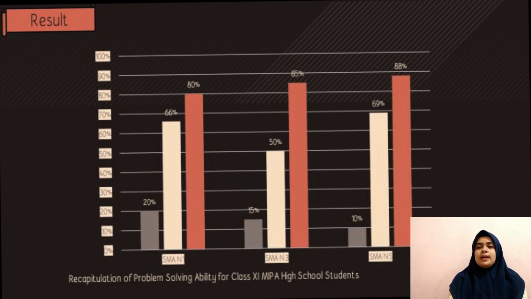SMA Negeri 3 Samarinda was in the poor category at 85%, and SMA Negeri 5 Samarinda was in the poor category at 88%.